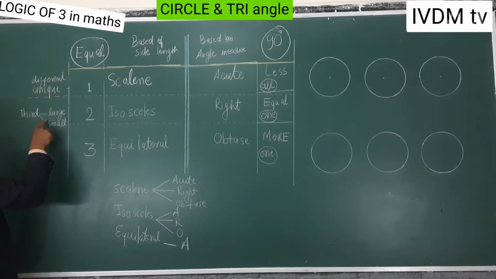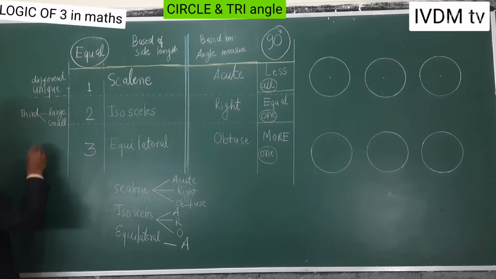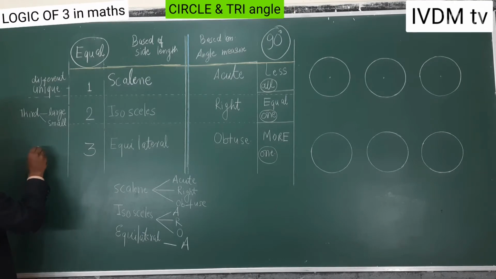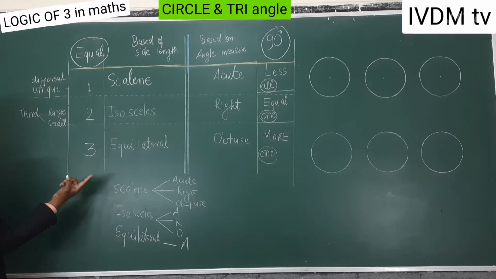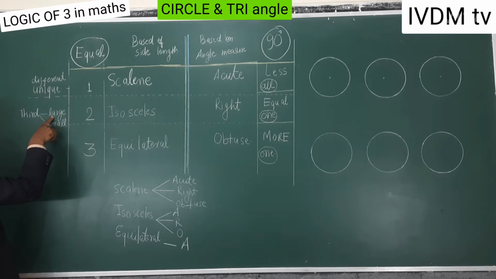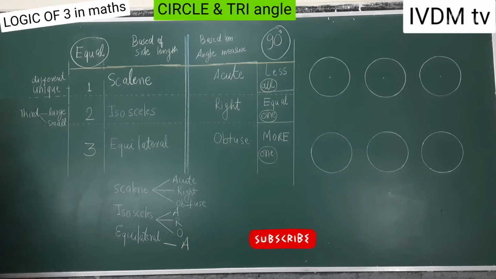There are two conditions. If the three sides are equal, equilateral is very specific. All the sides are equal, all the angles are also equal. In isosceles, two sides are equal, so two angles are equal. If the third side is large, the angle may be large; if it is small, the angle may be small.